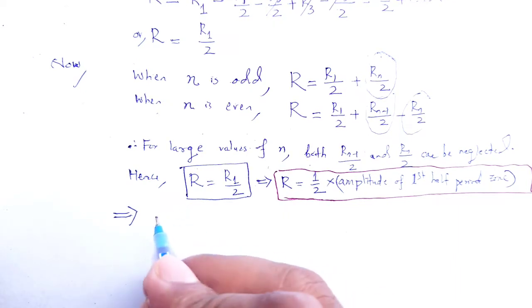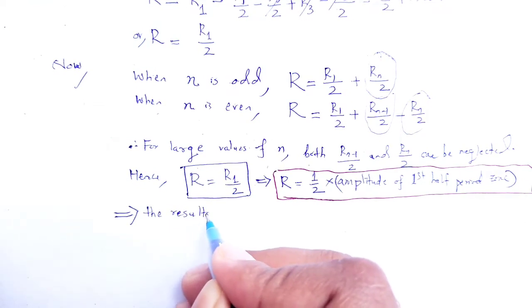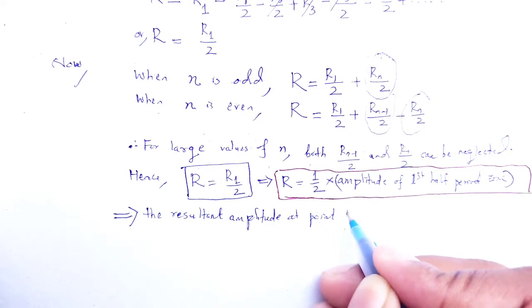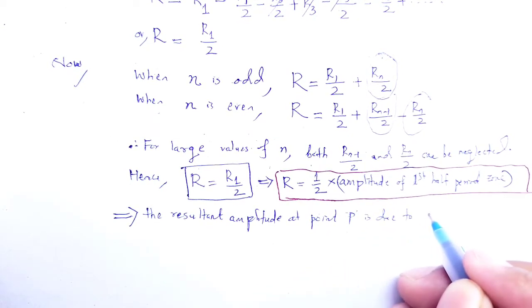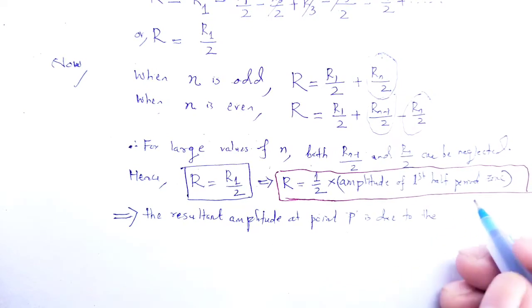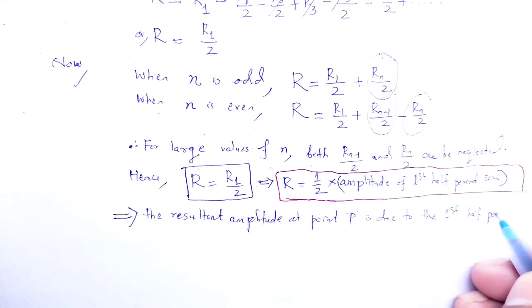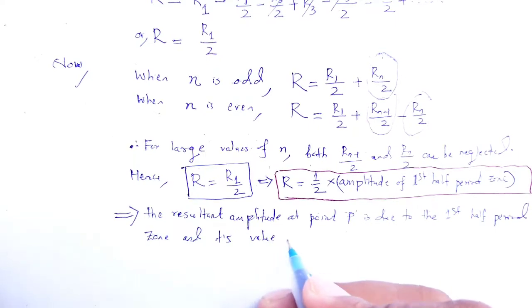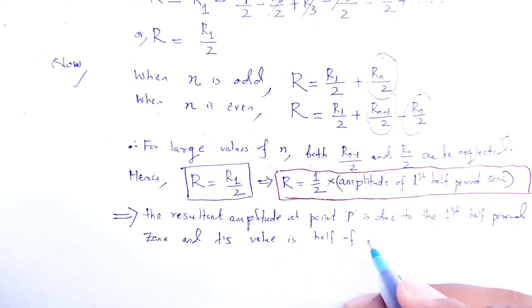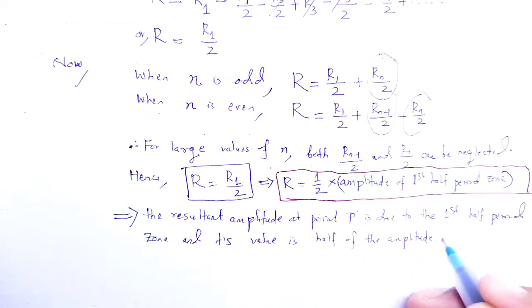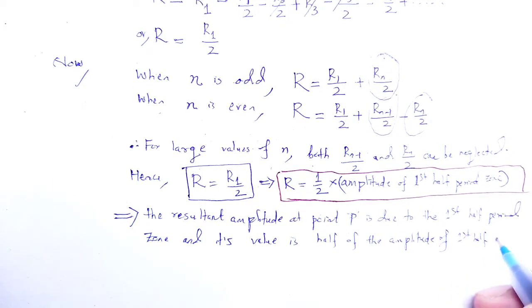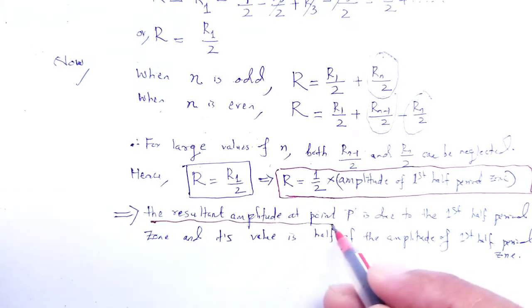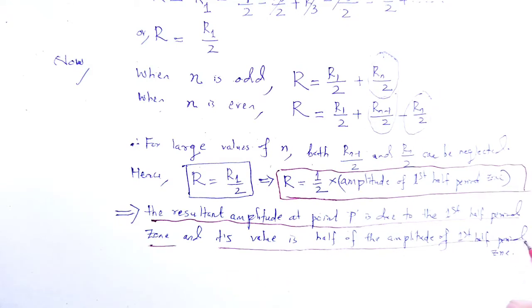The resultant amplitude at point P is due to the first half period zone, and its value is half of the amplitude of that first half period zone.